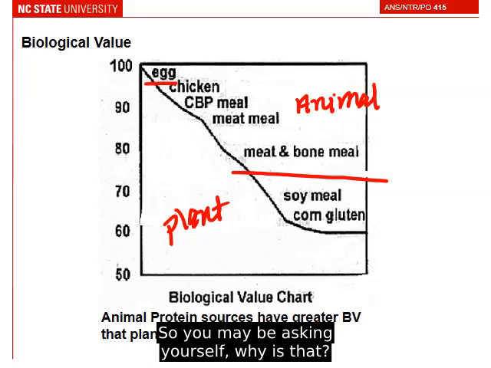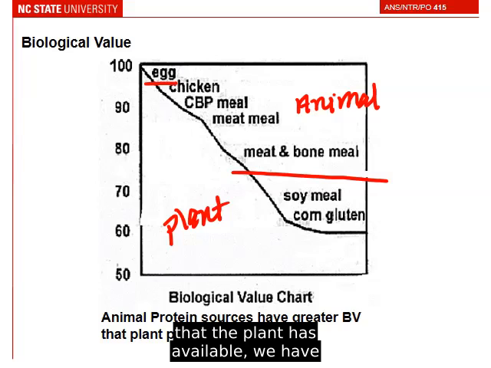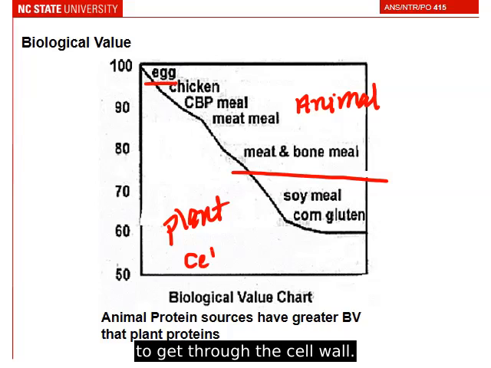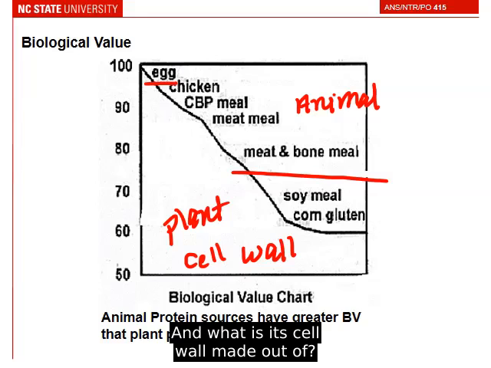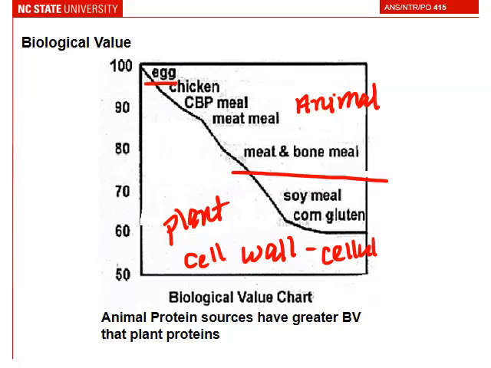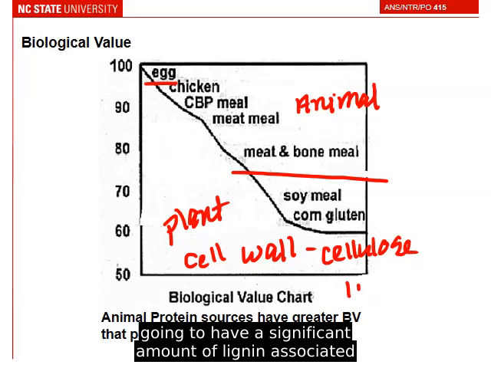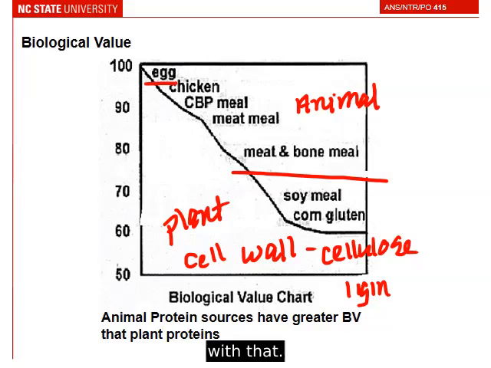So you may be asking yourself, why is that? Well, one of the things, in order to get to all the wonderful protein and amino acids that the plant has available, we have to get through the cell wall. And what is that cell wall made out of? That cell wall is made out of cellulose. And if it's a more mature plant, it's going to have a significant amount of lignin associated with that.